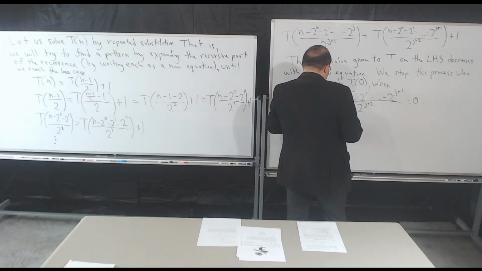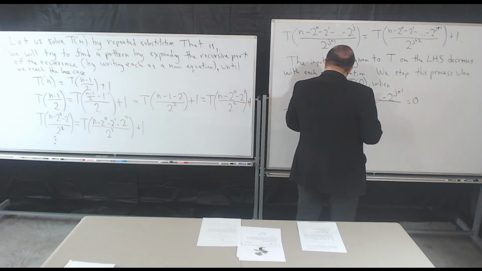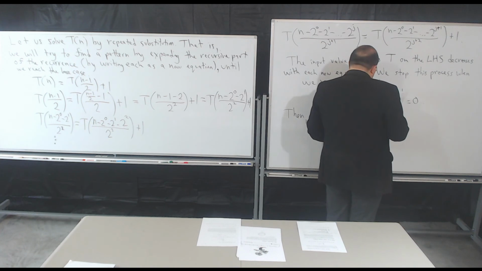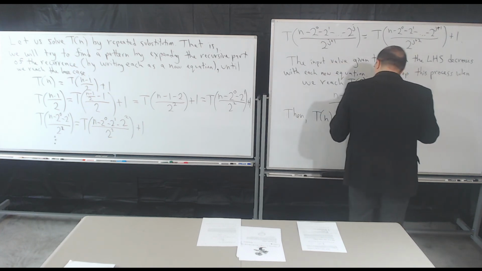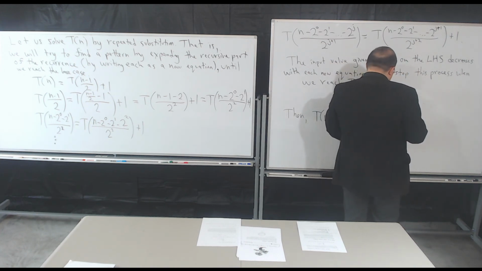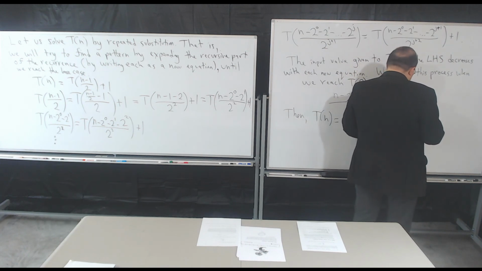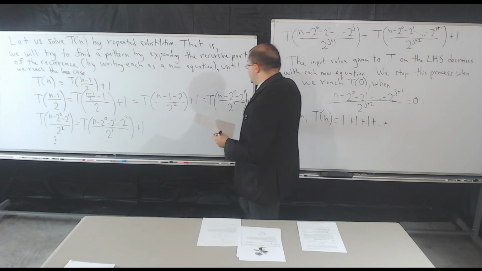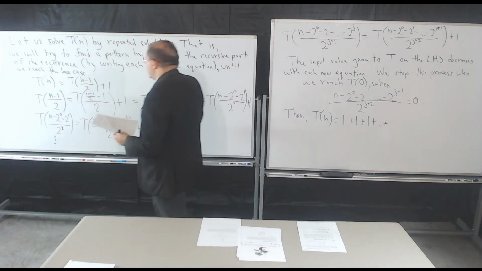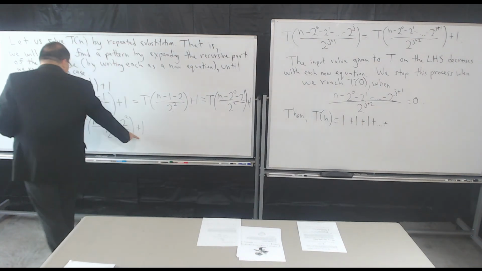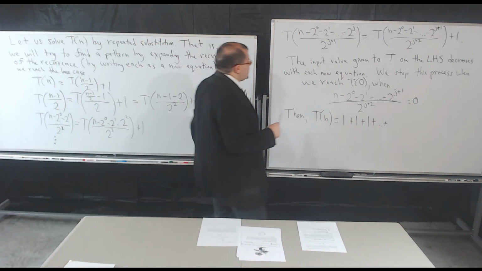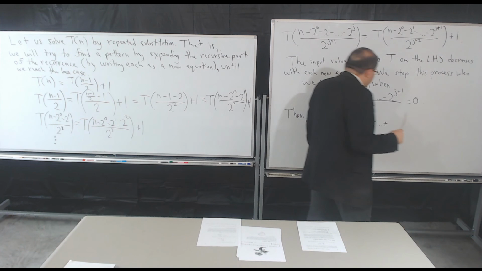Then T of n is going to be equal to a whole bunch of things. It's going to be equal to 1 plus 1 plus 1. These are all my plus 1s that I had in each one of these equations. Notice I had a plus 1 here, a plus 1 there, a plus 1 here, and a plus 1 there. All of these have a plus 1 associated with them.